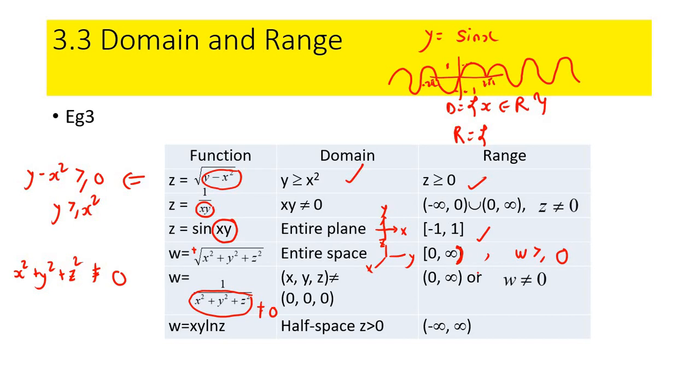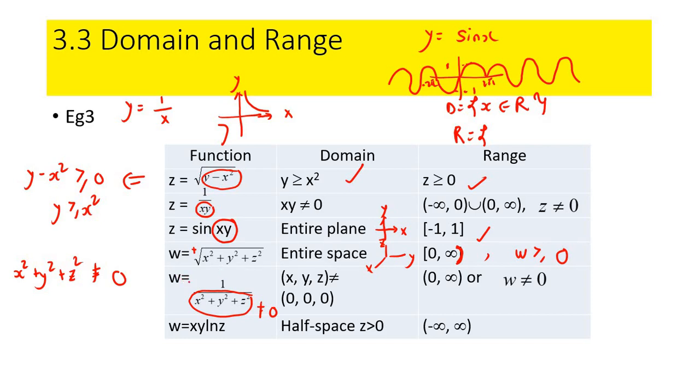And then for this case, w cannot be equal to 0. Remember, I showed you the graph of y equal to 1 over x. It's like this. When you have 2D, x and y, with a function of one variable, 1 over x, y never touches 0.